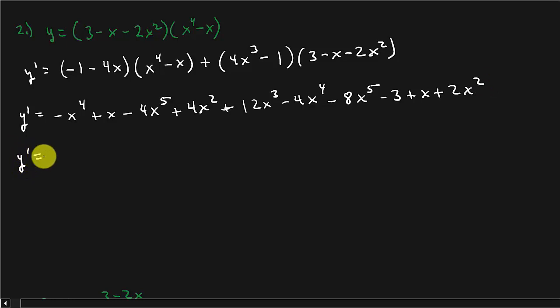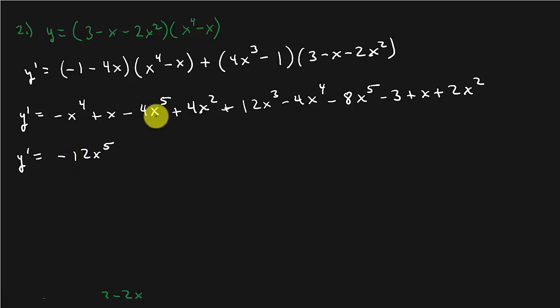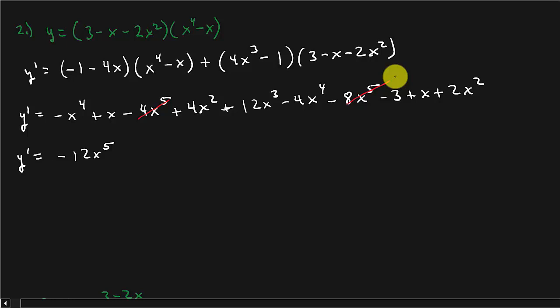So let's combine our like terms. That's going to be negative 12x to the fifth. All right, so that takes care of my x to the fifth. Now let's look at the x to the fourth. That's negative 1 minus 4, which is negative 5x to the fourth. And then we've got x cubed right here, so that's plus 12x cubed. And then let's look at the x squareds.